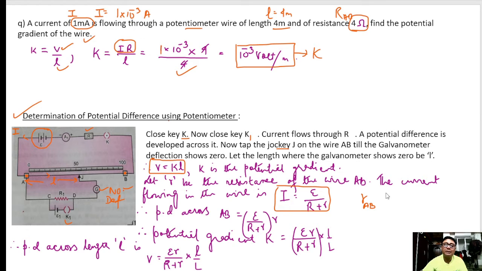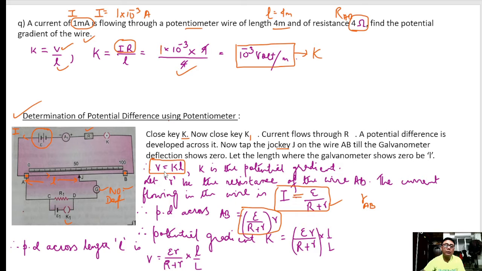The current flowing in the wire will be the total EMF by the total resistance, here R outside and small r are in series, so this is the total current flowing. So this current when flows across AB, what is the potential difference? This is the potential difference, because the resistance of the wire AB is R. Clear?